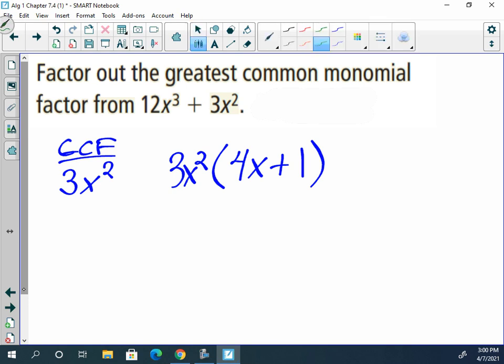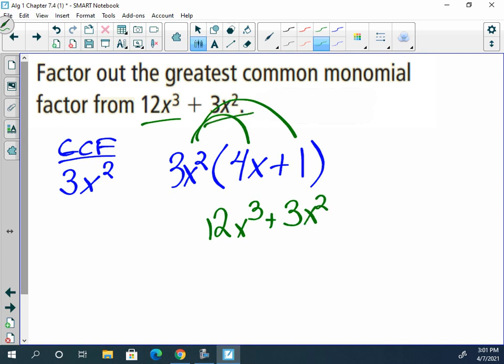Because one way that we can check this is if I wanted to multiply it back out and make sure I get the same thing, we can do that. So you don't have to write this down. 3 times 4 is 12, yes? x squared times x would be x cubed. Is that what we started out with? 3 times 1 is 3, and then we would have x squared.